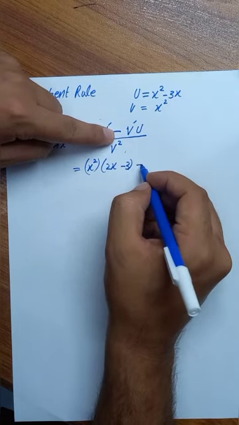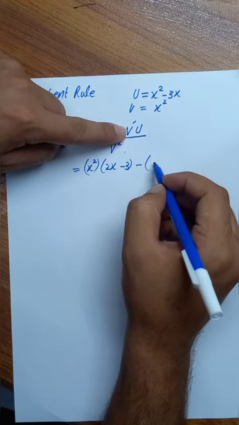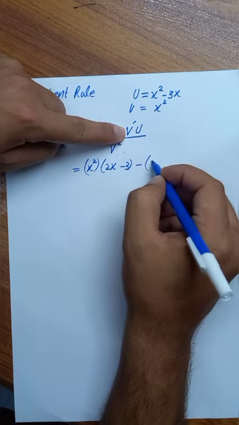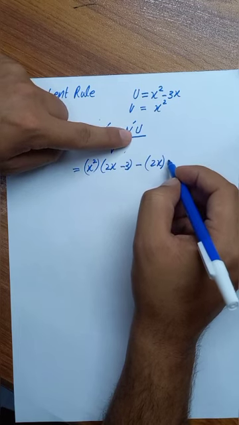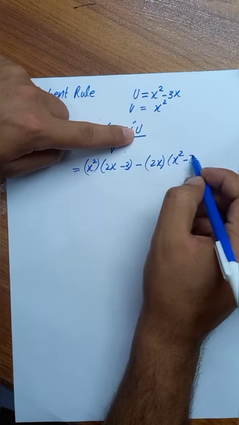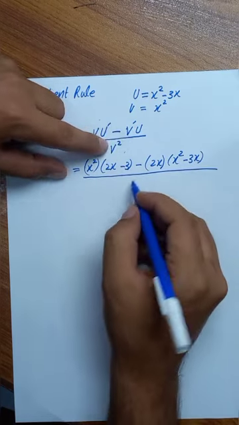We have the minus symbol here, and then we will take the derivative of v, which will be 2x, and we will write u as it is, x square minus 3x, and divide by v square.